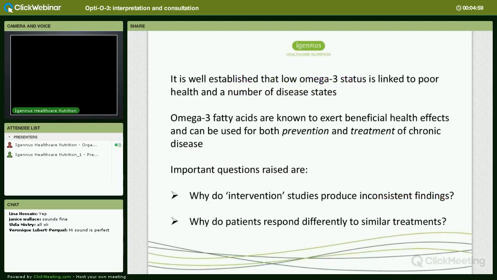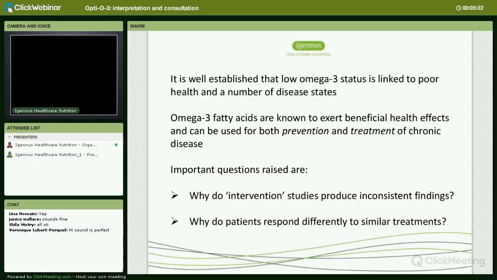We know that within the UK population, we don't consume adequate amounts of omega-3 fatty acids in our diet in the form of long-chain fatty acids, EPA and DHA, that are found in marine foods such as fish, or alternatively fish oil. We know that low intake of omega-3 is having adverse and detrimental effects on our health.